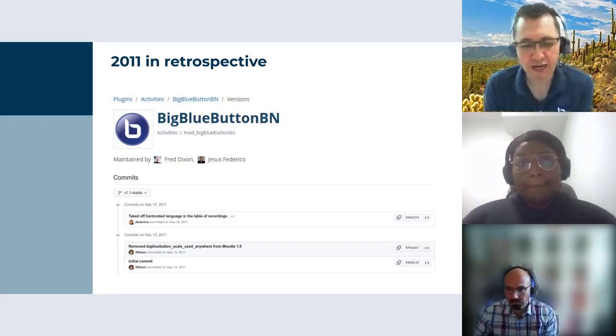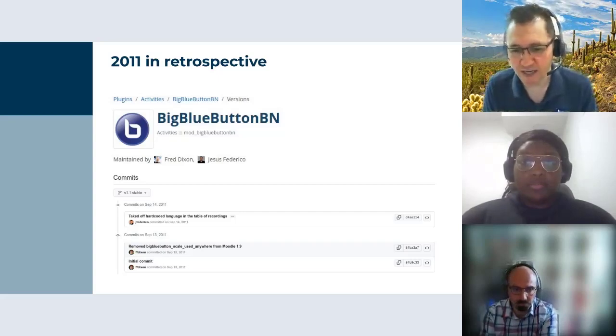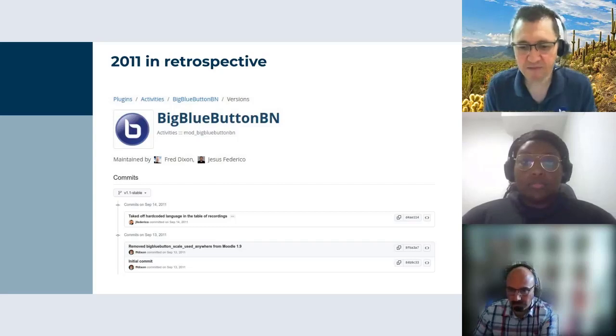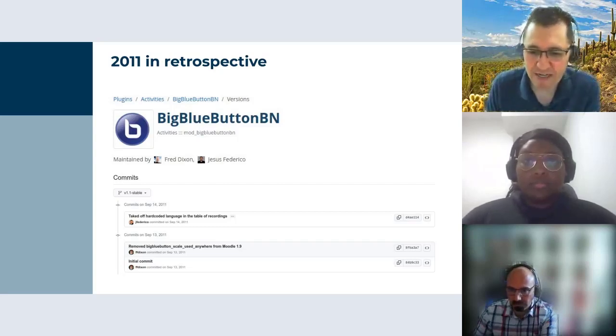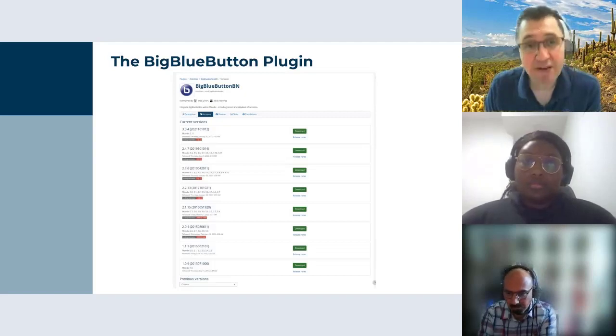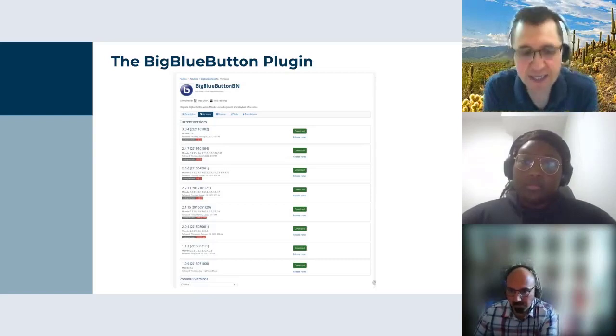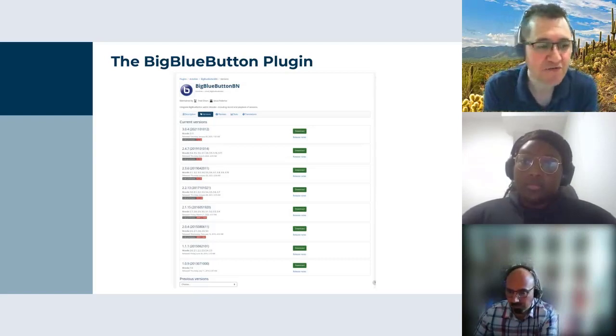And at the beginning, in spring 2011, we started moving forward by September. We didn't have the tracking in Git, but still, Fred has the first Git commit in September 2011. And from there, we have had a number of versions. We have been maintaining and growing the experience for Moodle users for 12 years.